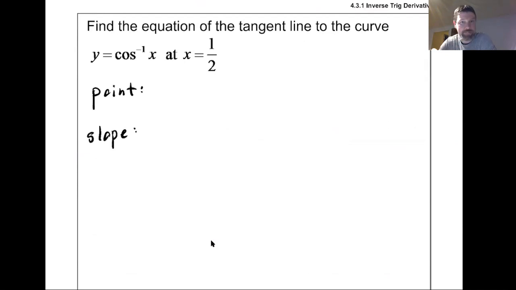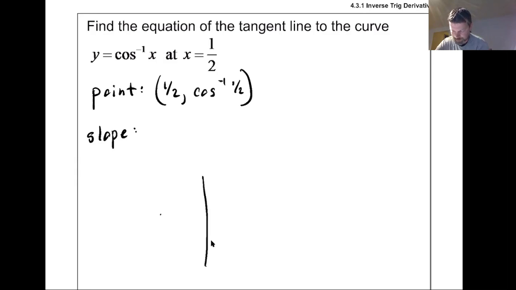To find the point, you just plug your x value in. So it's going to be 1/2 comma whatever the cosine inverse of 1/2 is. That's something that we can definitely do without a calculator. If you remember your unit circle, cosine is your x value.